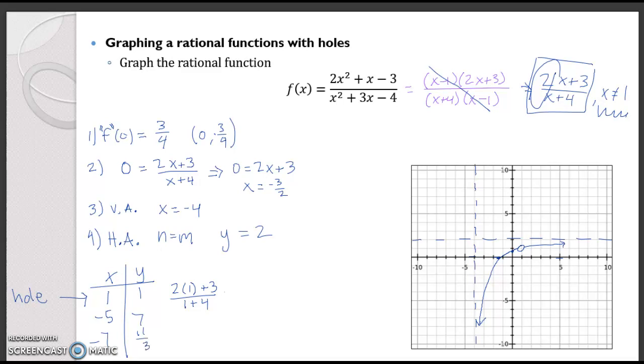Remember, I'm plugging it into this new piece. Okay, I'll actually end up getting the same thing either way. But at -5, I'm at 7, and then at -7, I'm at 11/3, which is almost 4. So I'm going to have a function that looks like this.